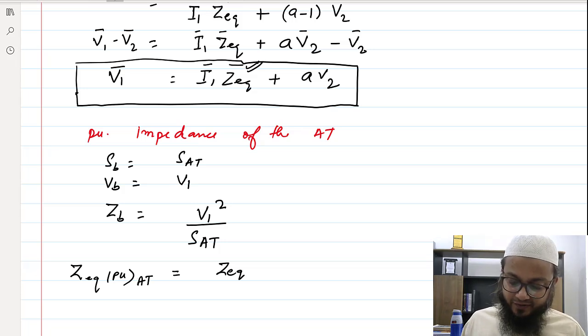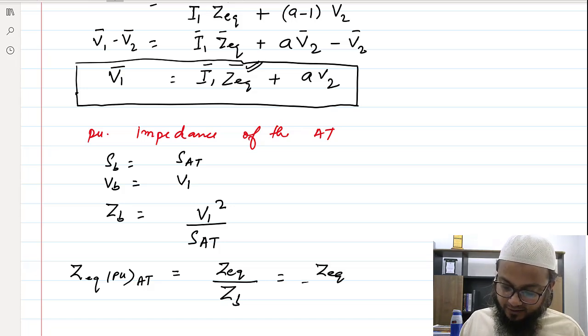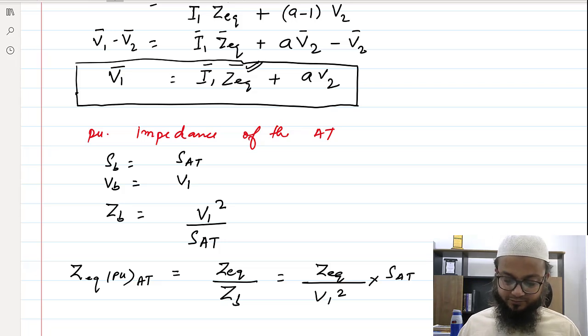So this would be Z equivalent upon Z base. I have referred this Z equivalent towards the primary side, so this is Z equivalent into S auto transformer upon V1 whole square.